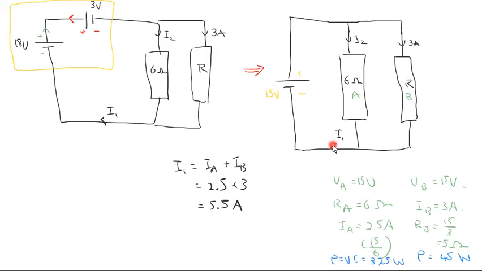Of course, we could have done it another way, knowing the voltage is 15 volts. The resistance we could work out by using 15/5.5, which is going to end up being 30/11. And again, we can then work out the power by V times I, which is 82.5.